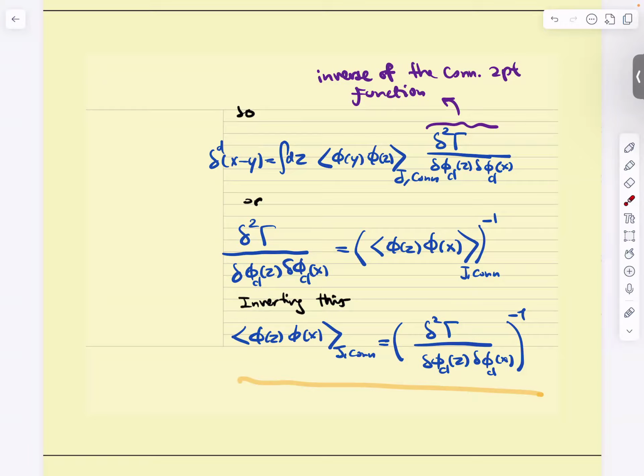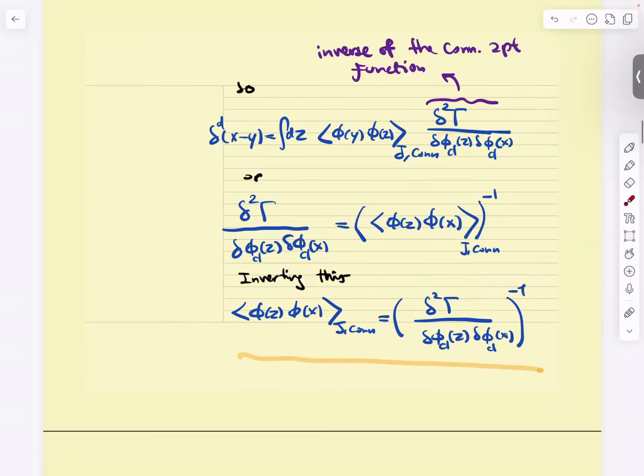What's the 2-point function of the scalar field in momentum space? This you know. You should. Correct. Yeah, it's an inverse propagator, right? So here the difference is that this is just a connected piece, right?